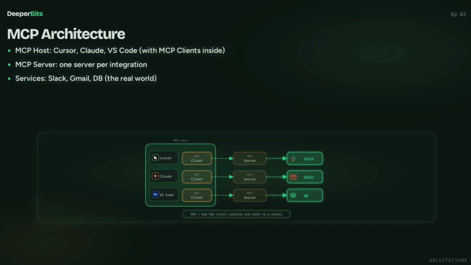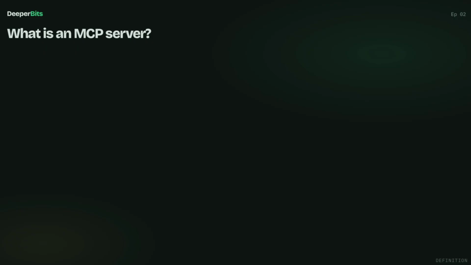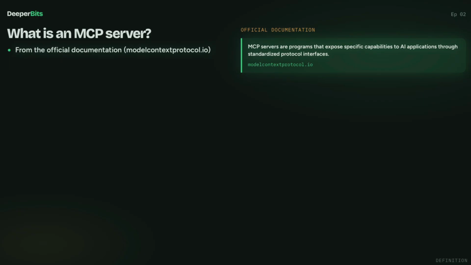So what exactly is an MCP server? If you go to the official documentation, the website modelcontextprotocol.io, it says that MCP servers are programs that expose capabilities to AI applications through a standardized protocol interface.